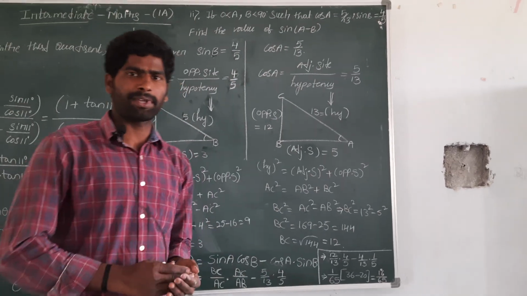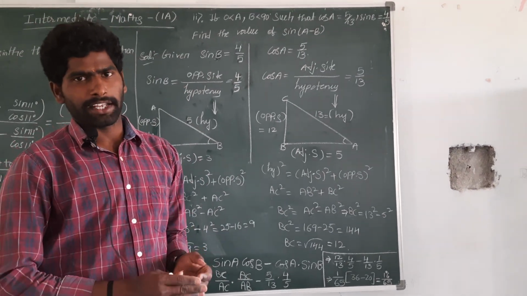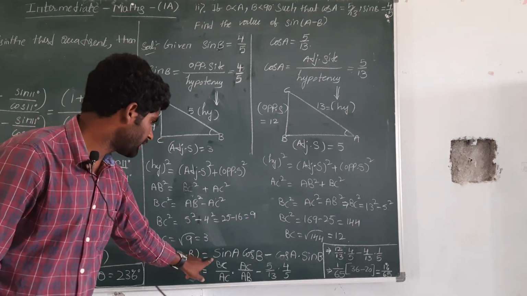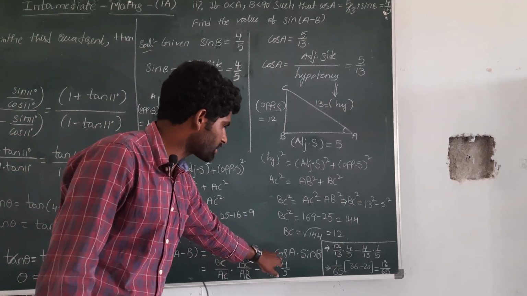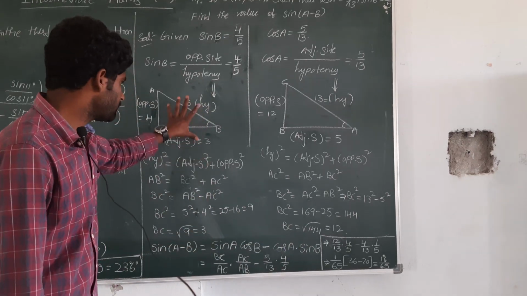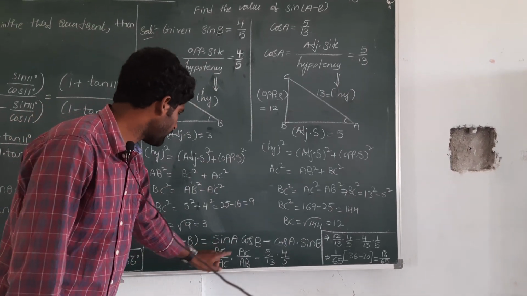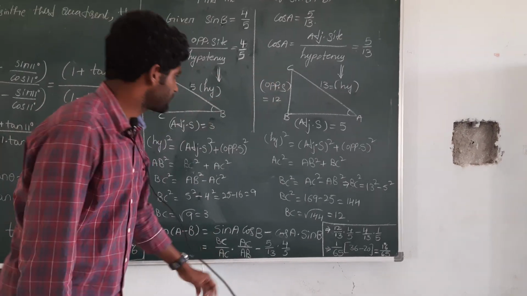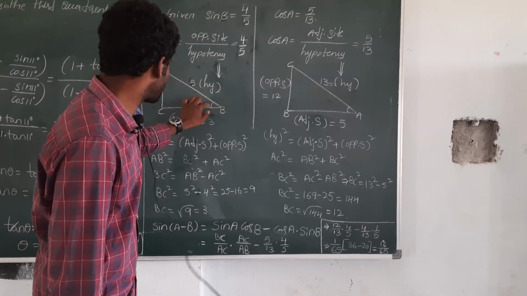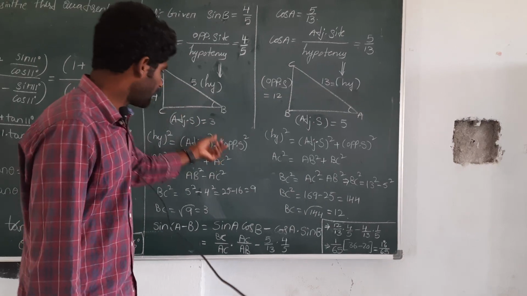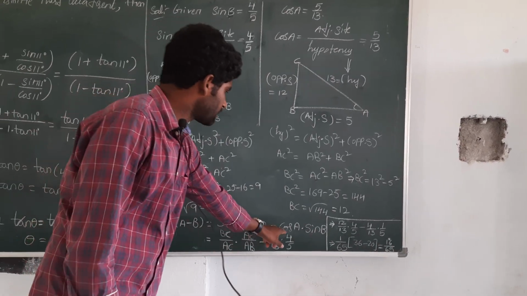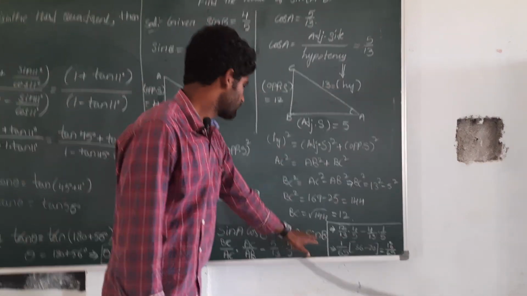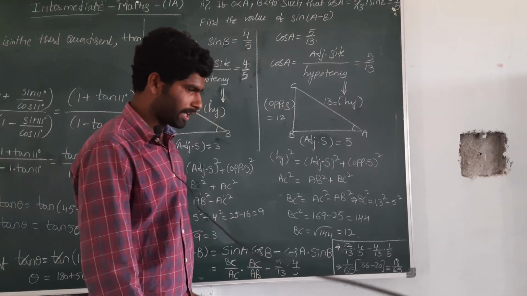Here sine of A minus B, we have the identity sine A cos B minus cos A sine B. From these triangles we can write sine A as BC by AC, and cos B from this triangle as AC by AB. And the values already given are cos A equals 5 by 13, sin B equals 4 by 5.